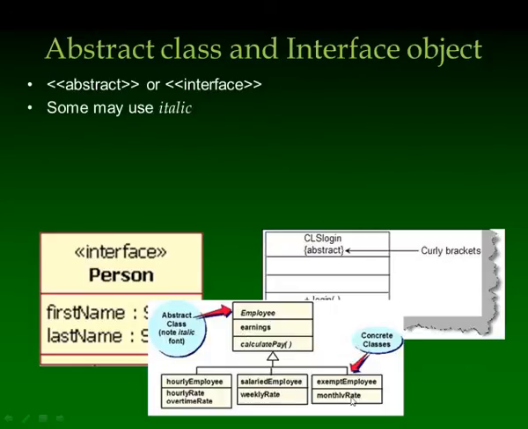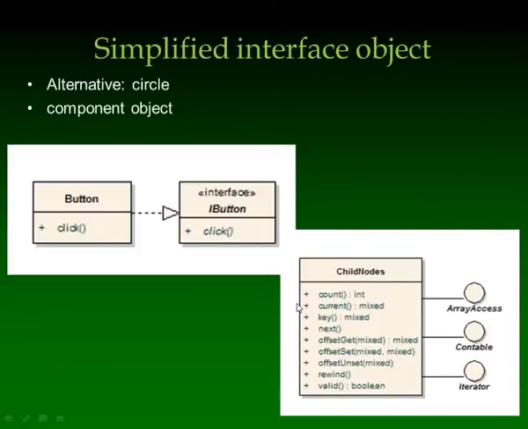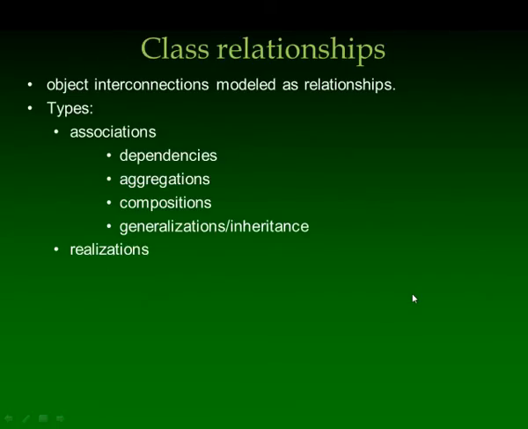Okay, so you can also have a simplified interface object by representing it using a circle like this, okay? And these are also known as component objects from the component diagram. So these are alternative ways of representing.